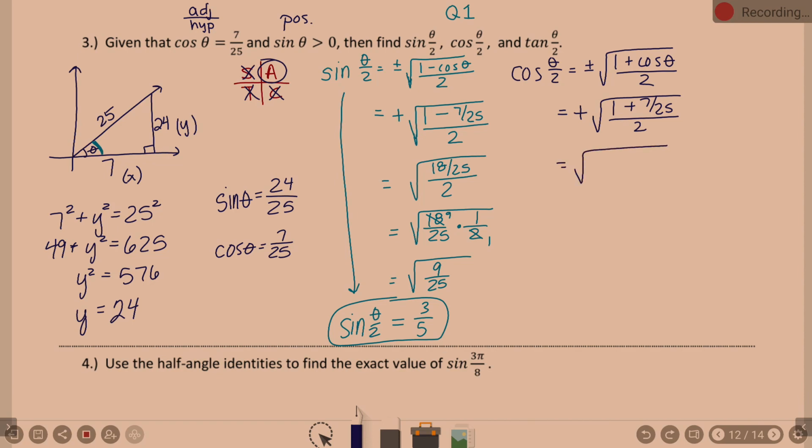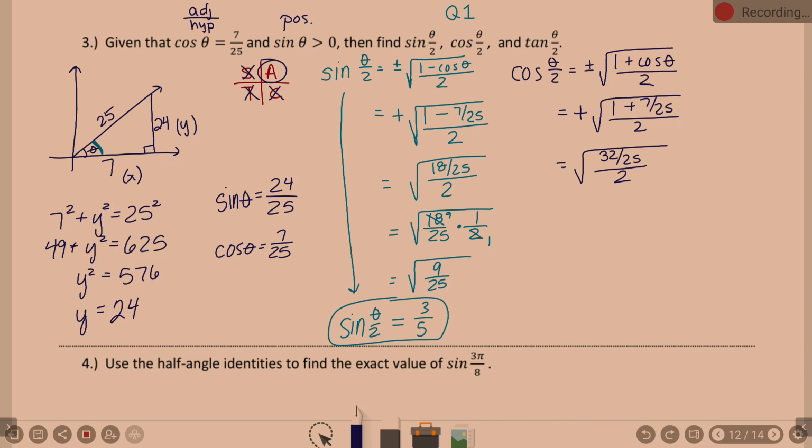What else can we do? Clean up the top. Okay, 1 plus 7/25 is 32/25. Okay, 1 is 25/25. 25/25 plus 7/25 is indeed 32/25. Still divided by 2, still all under a radical.